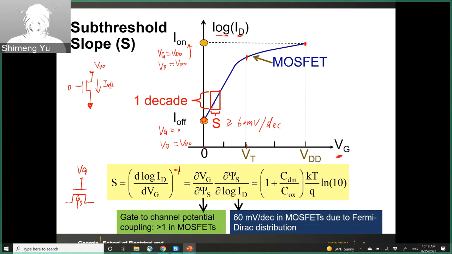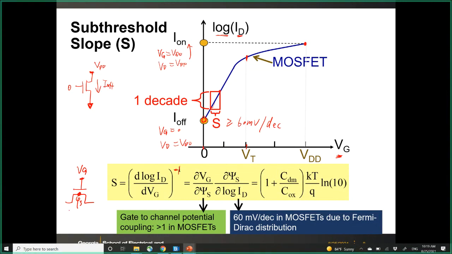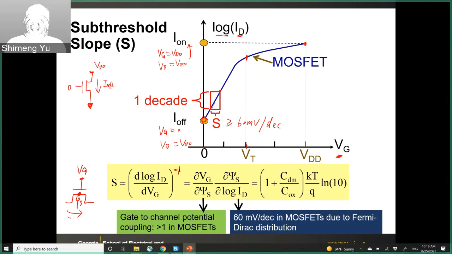So the first term is how effectively the external gate voltage controls the channel surface potential. And then the second term is this phi s over log ID. This tells you how sensitively the channel potential change can affect the current flow, of course here in the log domain.